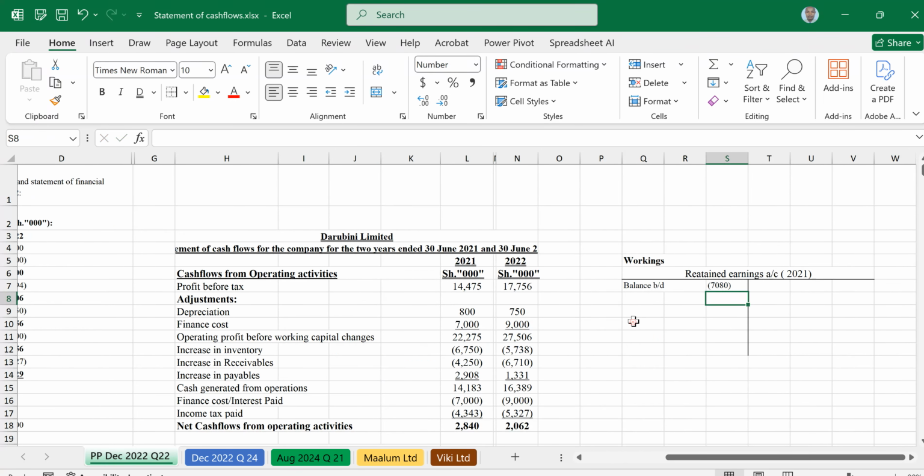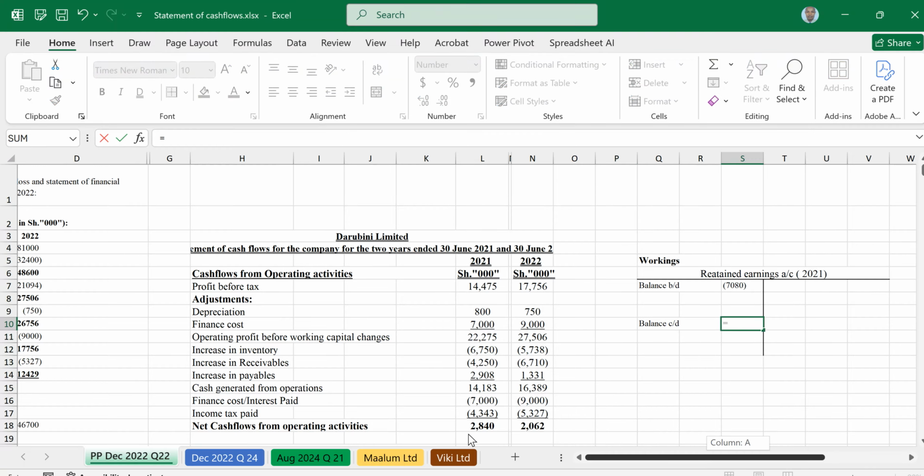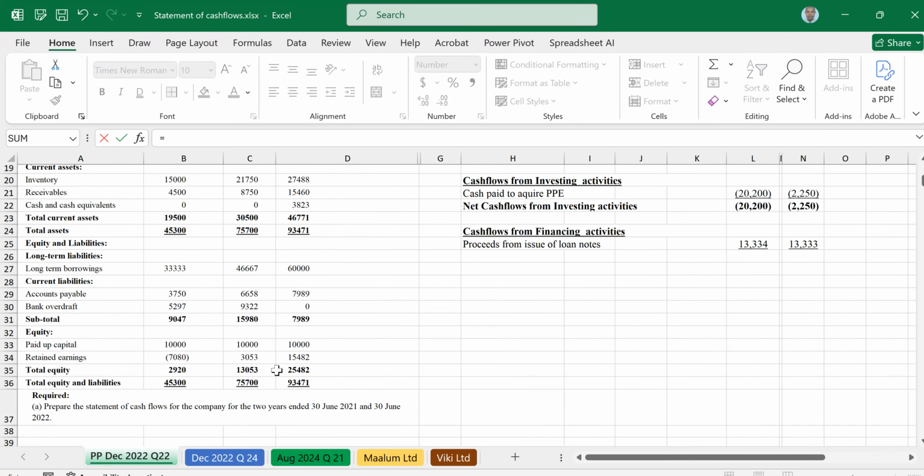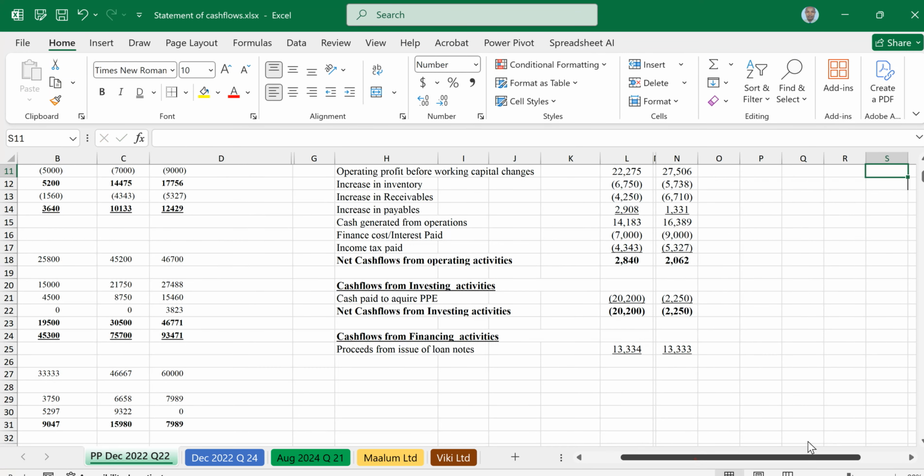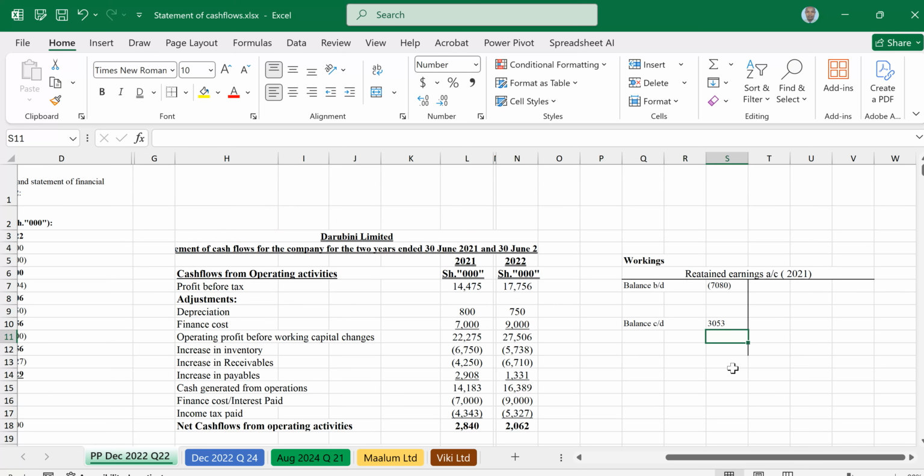Then balance carried down, which should be on this other side, is 3,053. Now those balances are just okay. They are on the correct side. So don't worry about that, because you may wonder, since when do we have balance brought down and carried down on the same side? It's fine the way it is, because this was a loss.